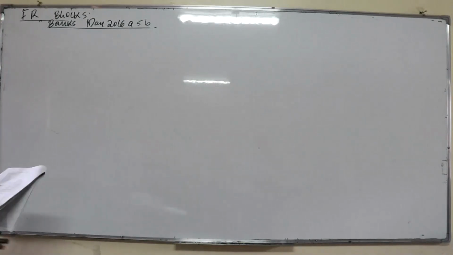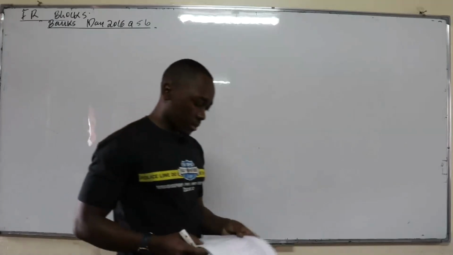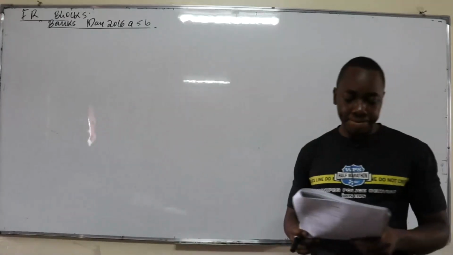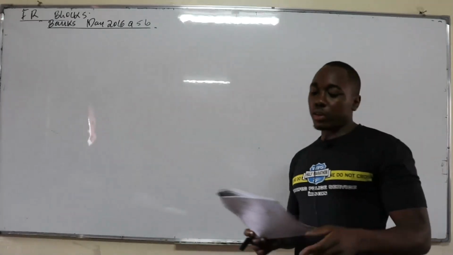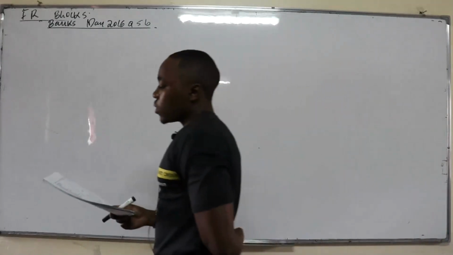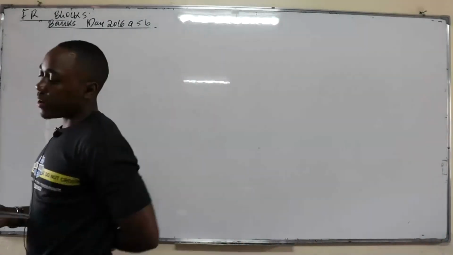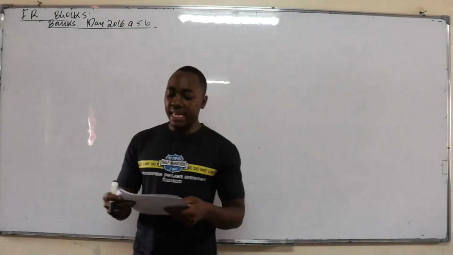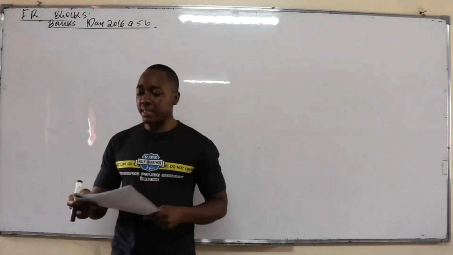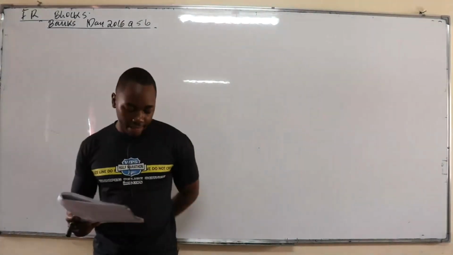So let's do that. So the following 12 balances was extracted from the book of Maendeleo Bank Limited as at 1st March 2016. So we have that.